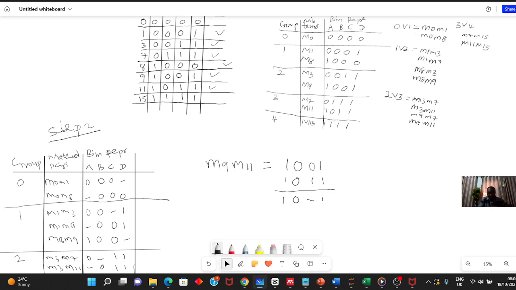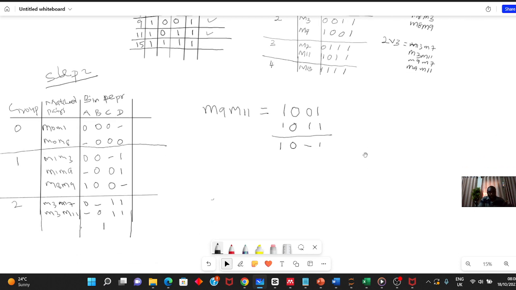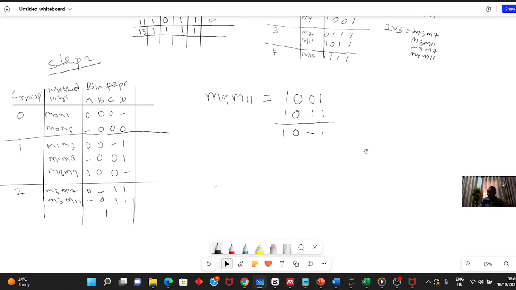So we have another match pair, which is M9, M11, and the binary representation is 1, 0, dash, 1. Right? So that is it for the group of 2.